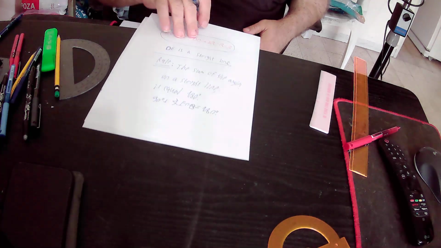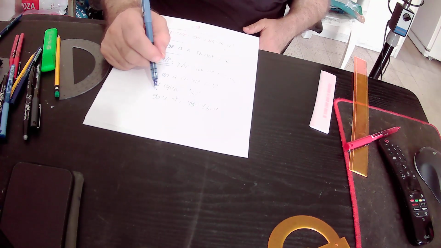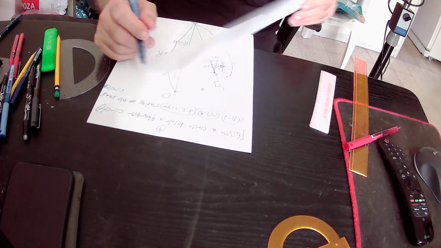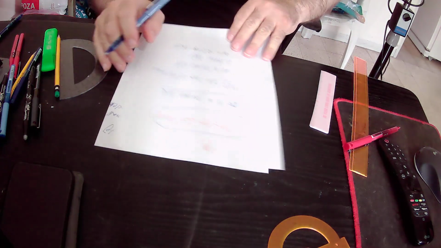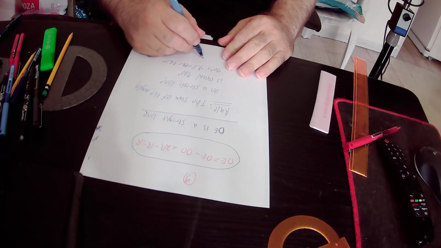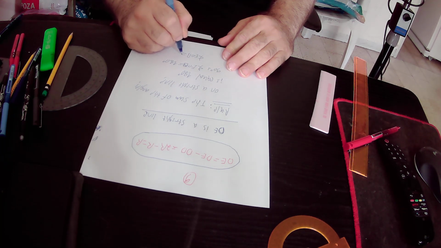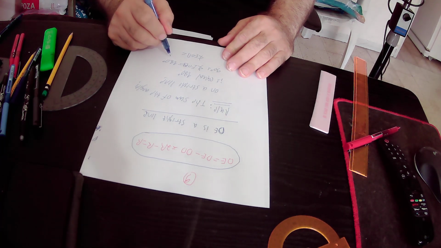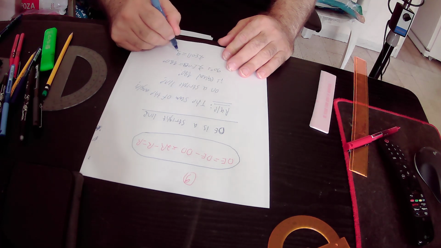So from this equality we will subtract 90 degrees and we will get that the size of angle EOB equals 180 degrees minus 90 degrees, which is 90 degrees.